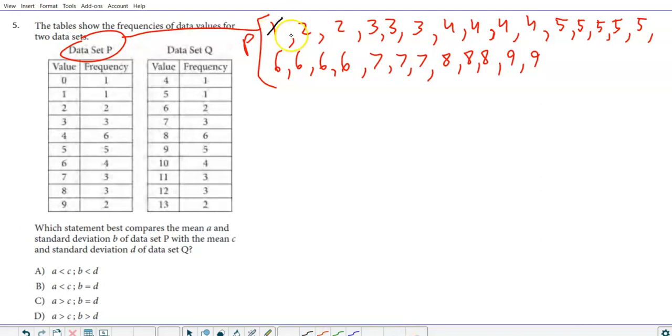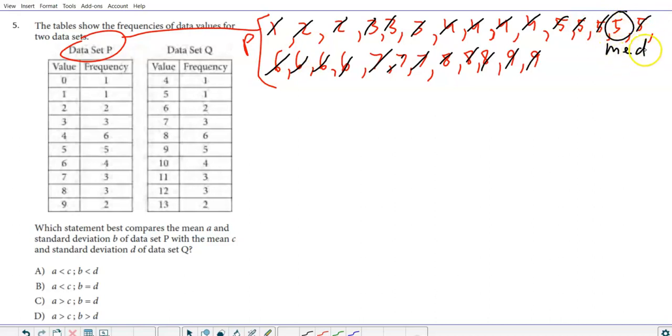Have you ever done it this way, where you cross out the biggest and smallest, second biggest and smallest, third smallest and biggest, fourth, fifth, sixth, seventh, eighth? I think you all have done this before. So it looks like the median, the middle number, is 5.